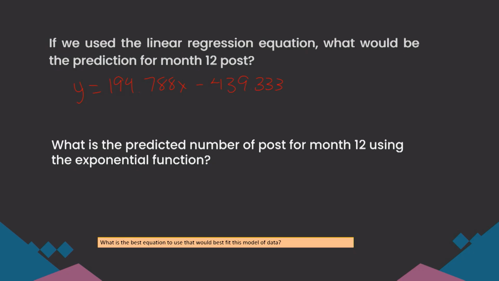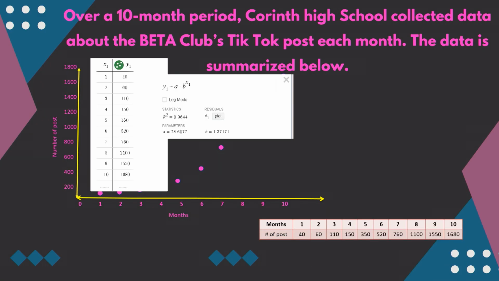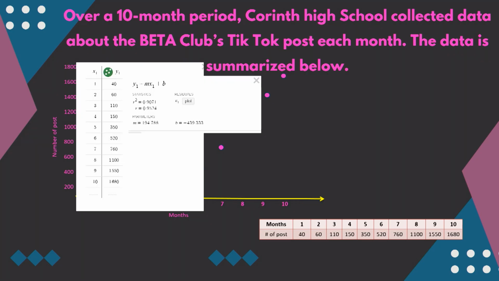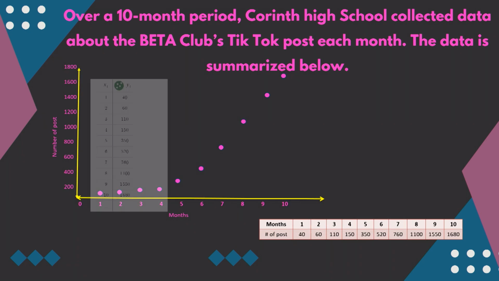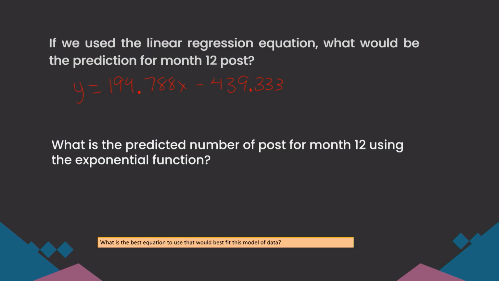Now, Ms. Killen, where did we get those points again? This is what we got when we looked at that linear regression. So let's go back and look. This is what we got from those linear: 194.788 and negative 439.333. So this is what we are using.